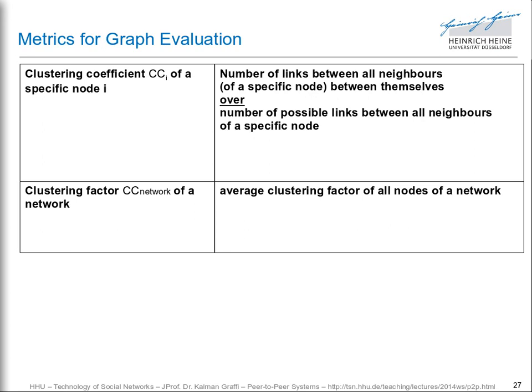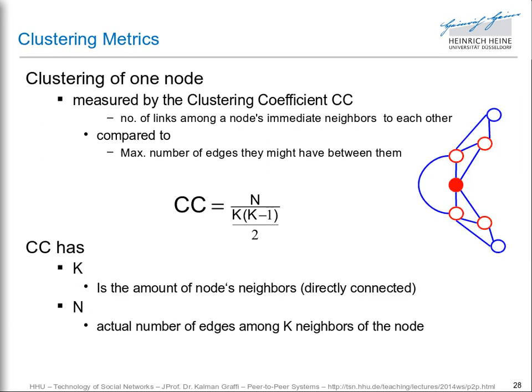The clustering coefficient of a specific node is the number of links between all neighbors of that node, between themselves, over the number of possible links between all neighbors of that node. We have an example on this on the next slide. And the clustering coefficient of the whole network is again the average clustering coefficient of all nodes in the network.